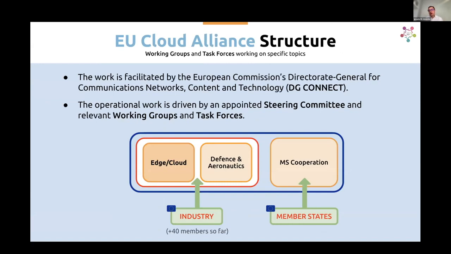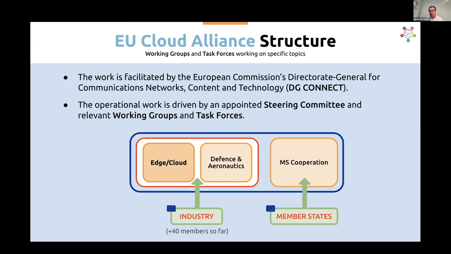About the structure of the alliance, first, it's important to clarify that the work in the alliance is facilitated by the European Commission, by DG Connect. The alliance is organized in three different working groups. There is one working group for member states cooperation, and there are two industry working groups. One is defense and aeronautics, and the other one is the Cloud to Edge working group.